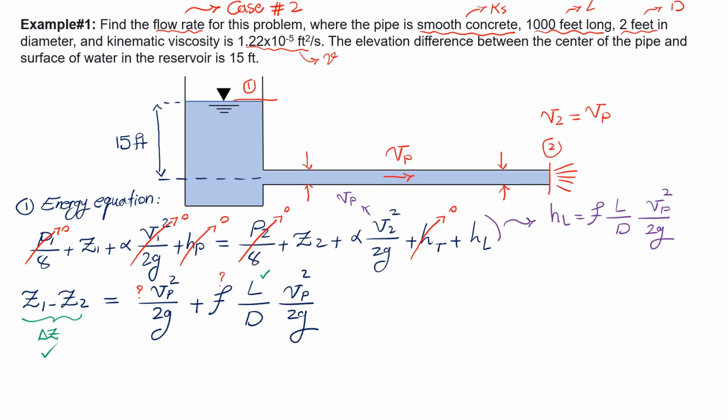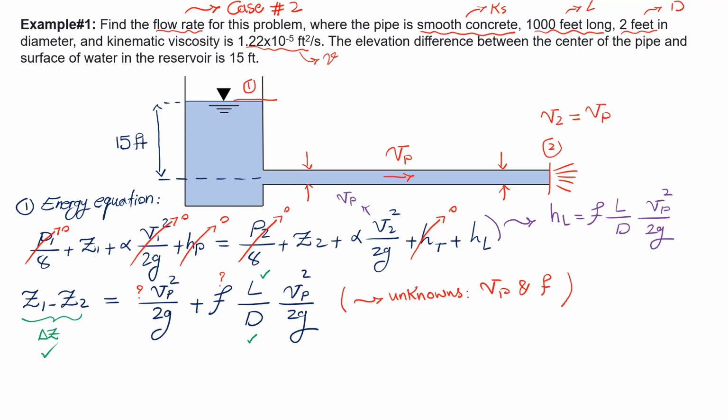We do have the value for diameter. So the unknowns are velocity in the pipe and f. So we cannot solve this equation on its own. We need to come up with another way, an iterative way to solve this equation.